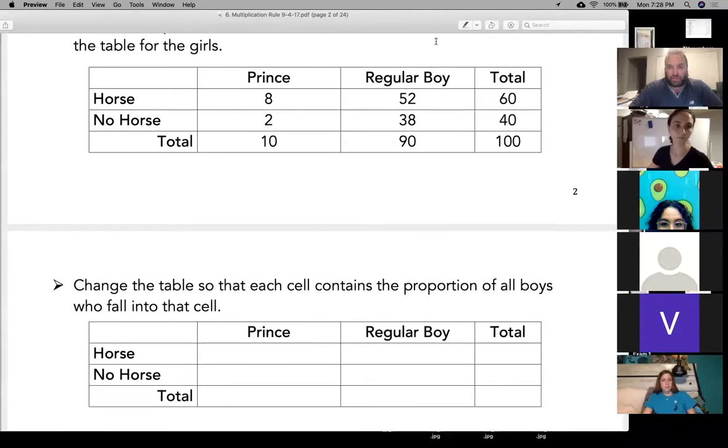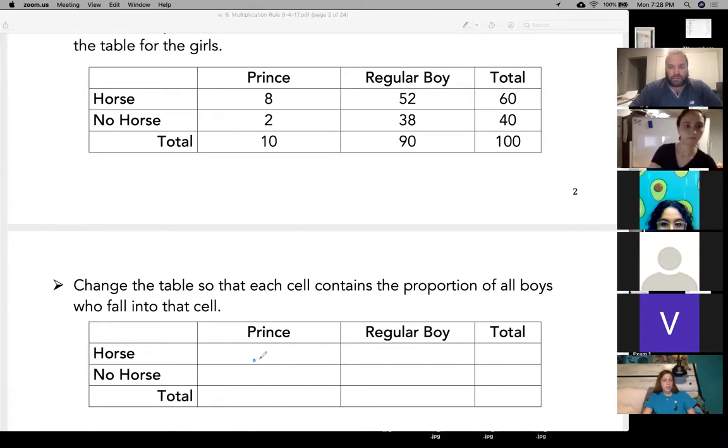So let's do that. What proportion of boys fall in this cell? 8 out of 100, which is 8%. And how many fall in this cell? 0.02, 2%, for a total of 10%.